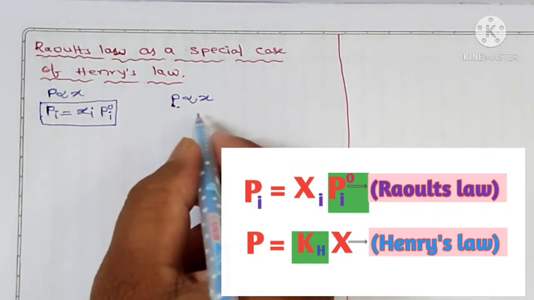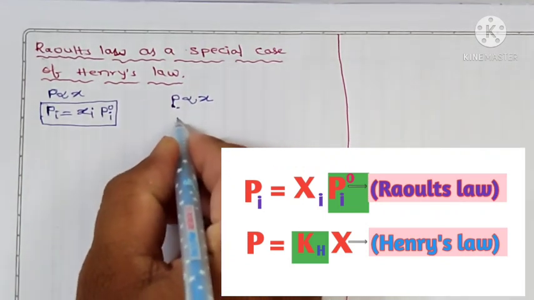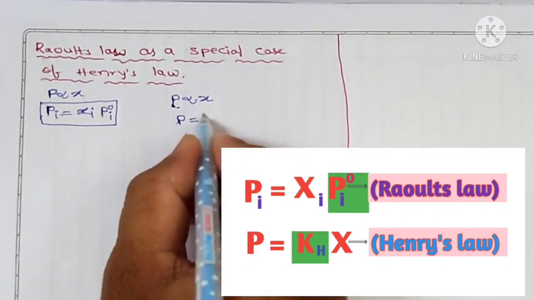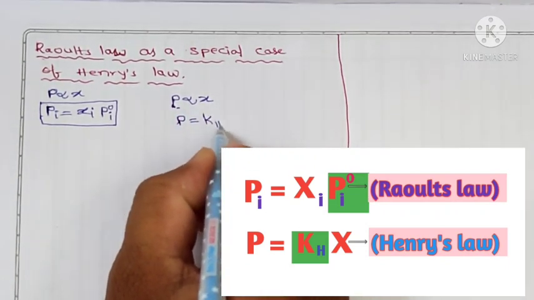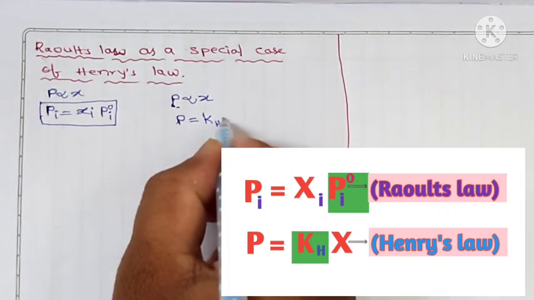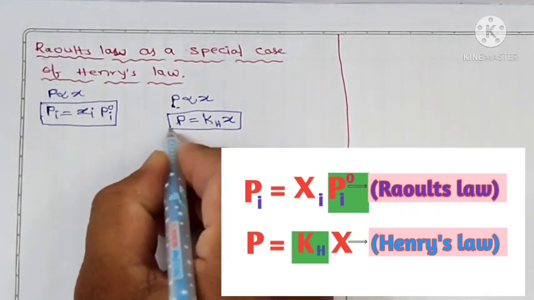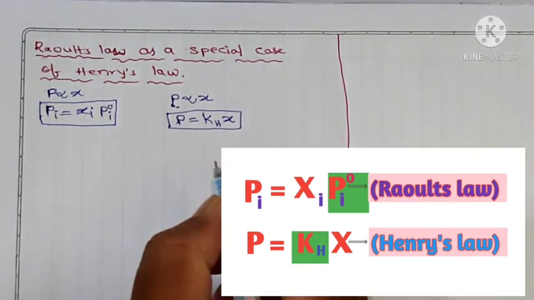So let me take here one proportionality constant. P is the partial pressure, with proportionality constant KH and X. So this is Henry's law.